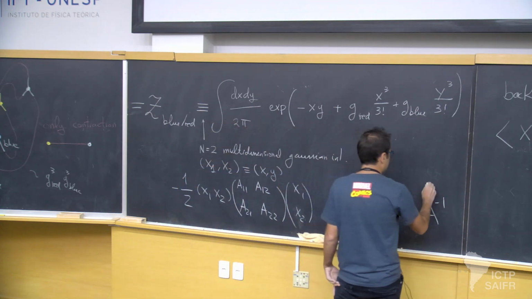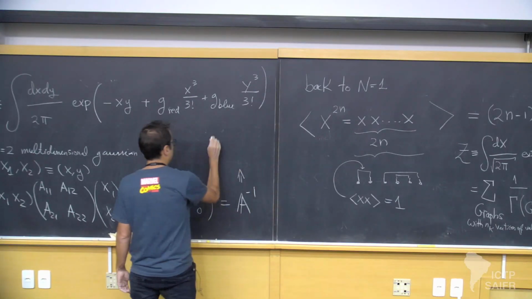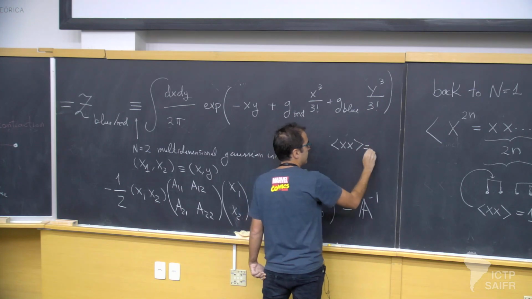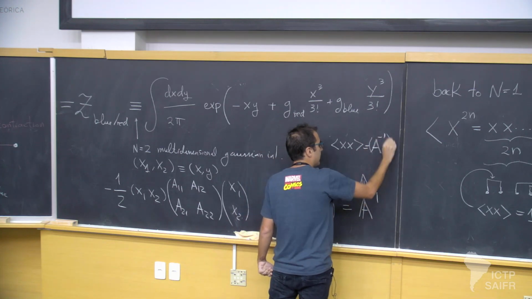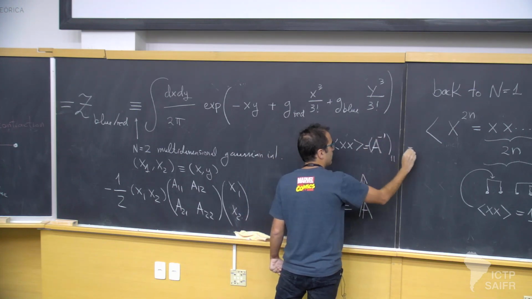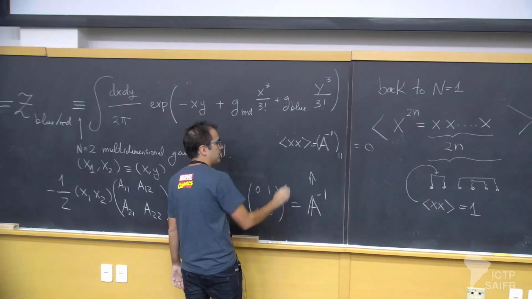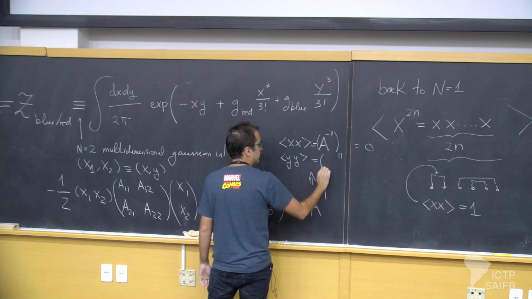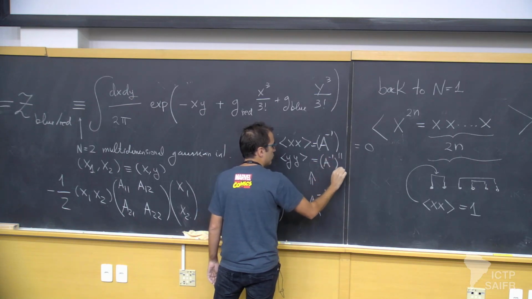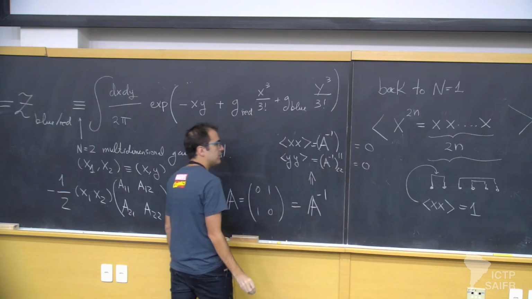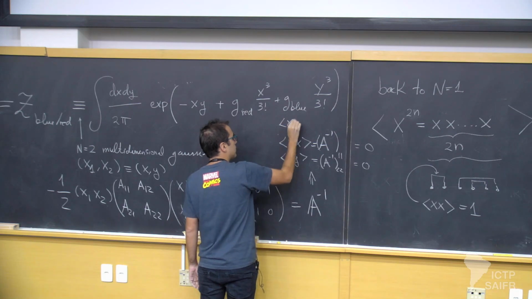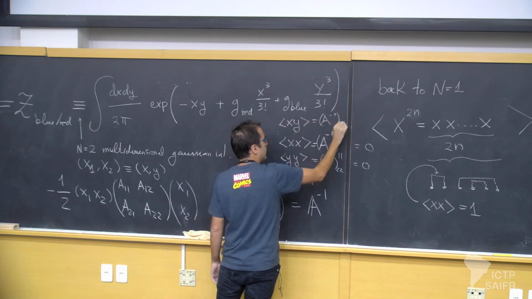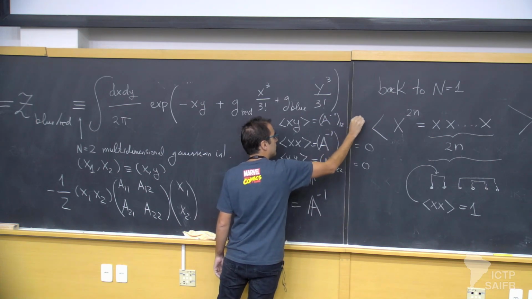And that means that the expectation value of xx is the element A inverse 1,1, which is equal to 0. Expectation value of y with y is element 2,2, which is equal to 0. But expectation value of x, y, which is A inverse 1,2, is equal to 1.